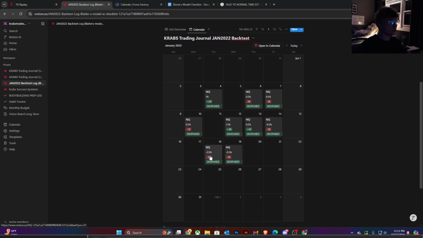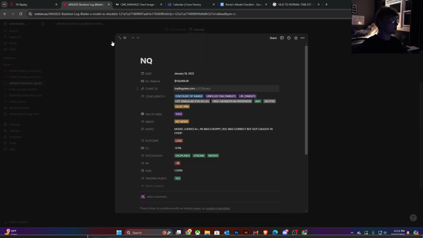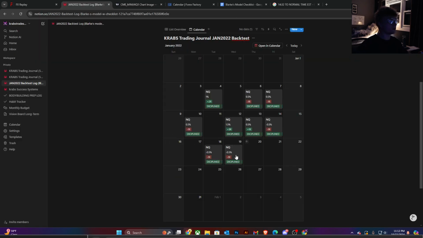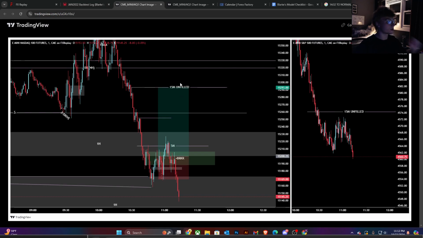Also, let's review these. I want to see what this trade was. SMT. This actually looked pretty similar to what we just didn't take right now. But yeah, this looked like it worked. Just got chopped up here. I just want to review this week's losses here.